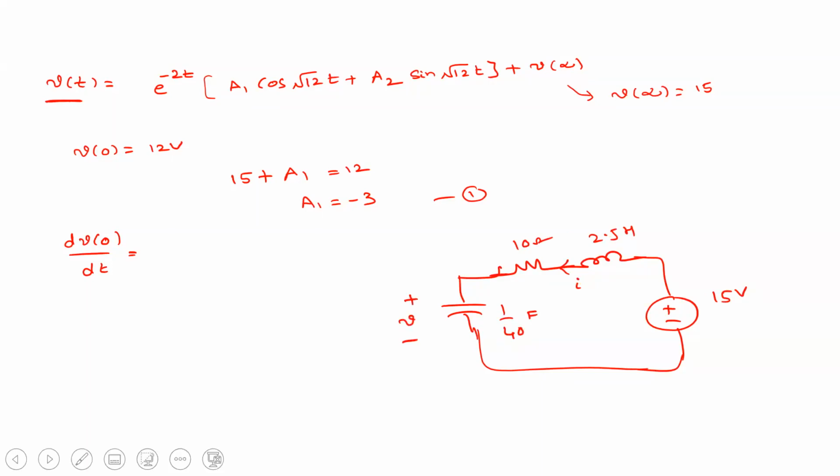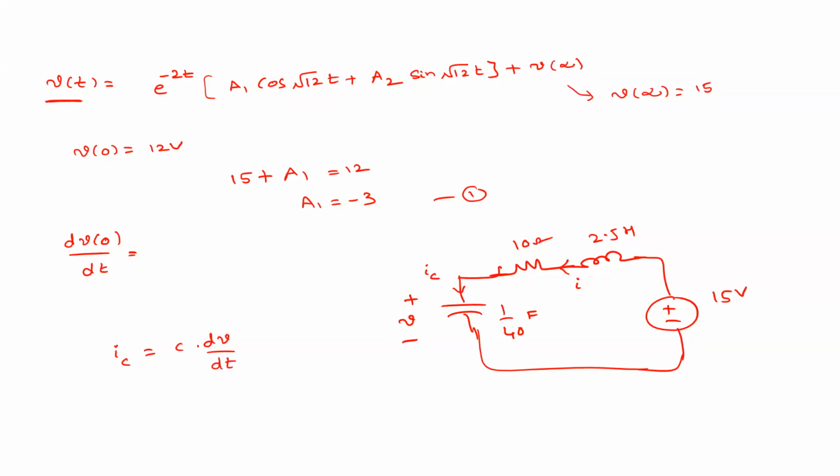So what is the capacitor current? If you assume this is the capacitor current IC, then IC is C into dV by dt.